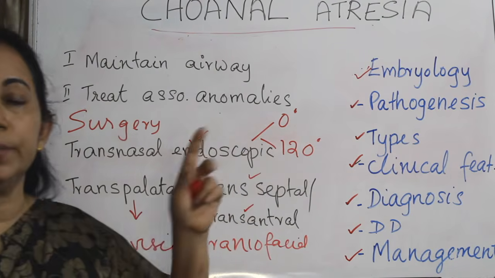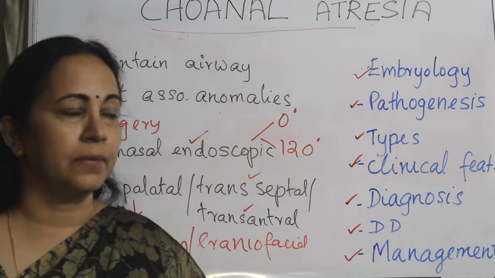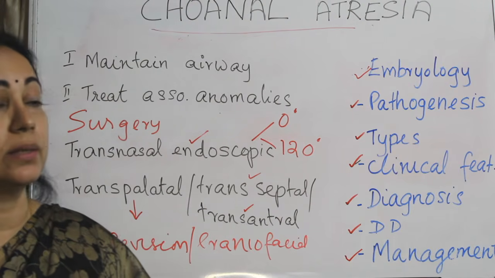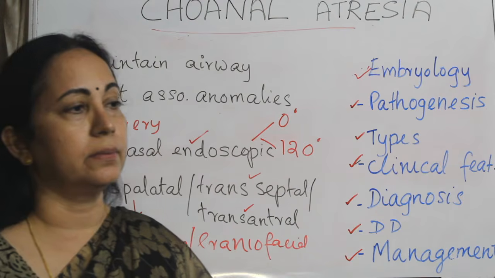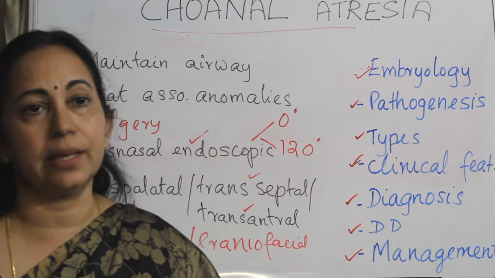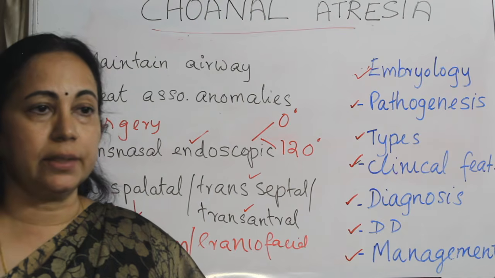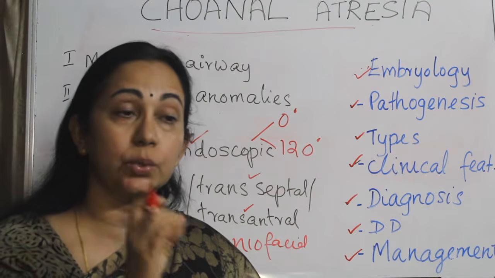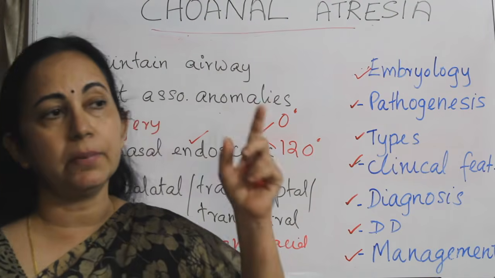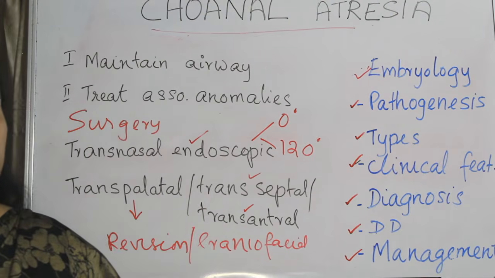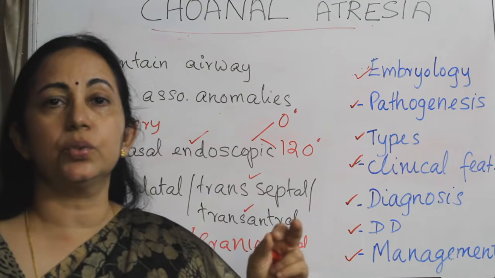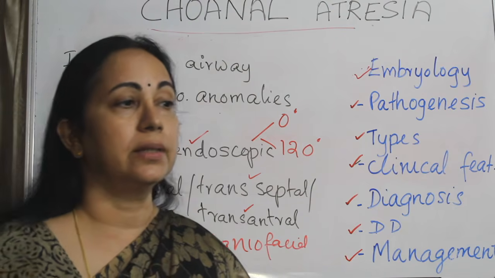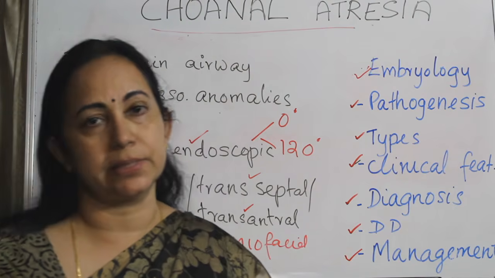If using a 0 degree endoscope, it is passed transnasally, and either serial dilatation using urethral sounds or powered instruments like a microdrill are used. If the nasal cavity is too narrow to accommodate the endoscope along with the instrument, we can make a window in the posterior part of the septum, and through one nostril the endoscope can be passed, and through the other nostril the instrument or the microdrill is passed.